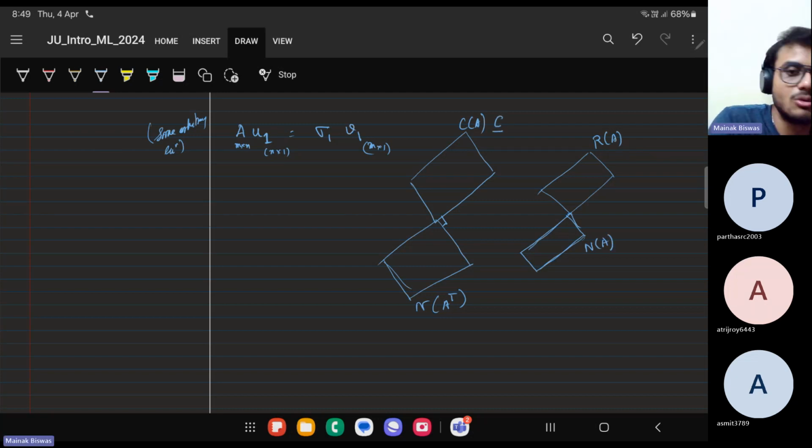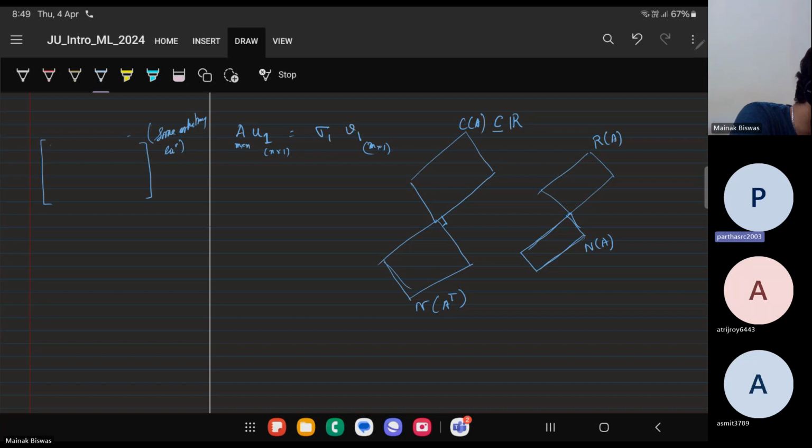The easiest way to remember is how? What is the column space a subspace of? Rm, small m, because it is made by these column vectors.